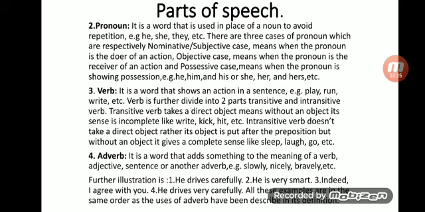Transitive verb takes a direct object, means without an object its sense is incomplete, like write, kick, hit, etc. So these three verbs are called transitive verbs, because if we do not put a direct object after such verbs, its sense would be incomplete. It can give us the complete sense when we put direct object after such verbs.